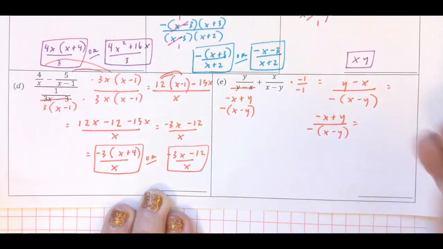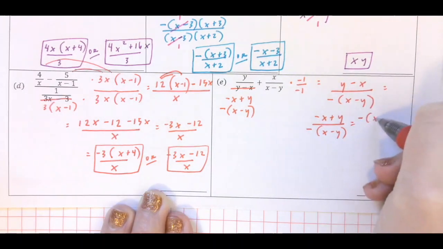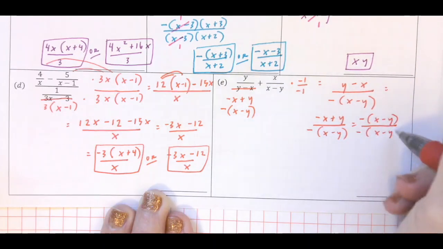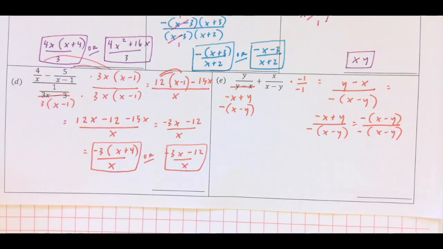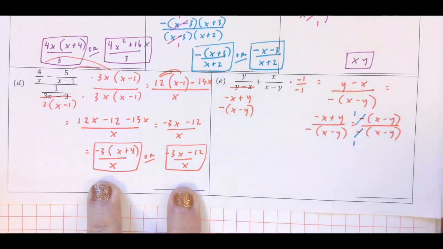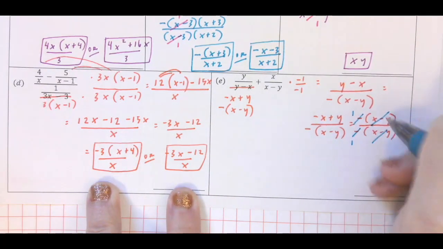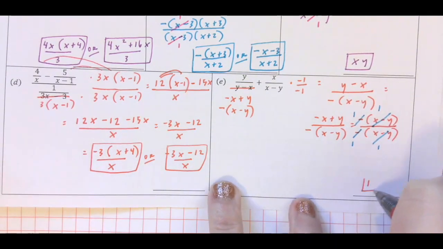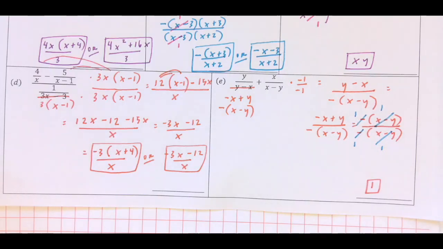Okay, divide out a negative 1 on top, leaves behind an x minus y, really over itself. So what happens here, we can see that the negative 1 over itself is 1 to 1. The x minus y over itself is also 1 to 1. So this one resolves to be just 1 as our final answer. All right, flip it over to the back.